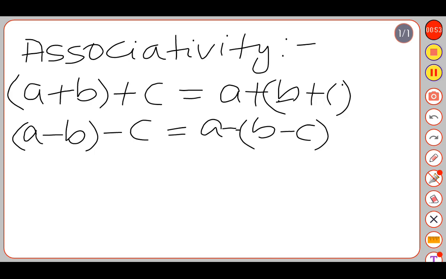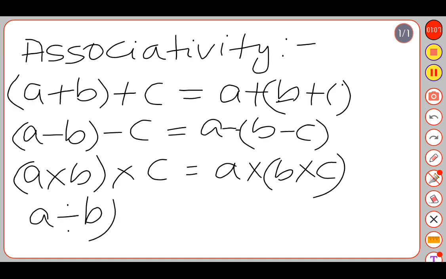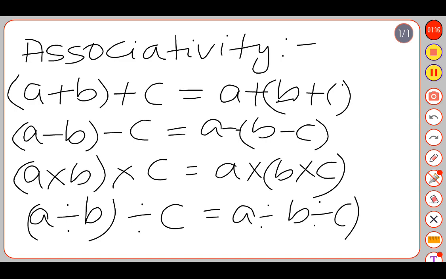For multiplication, (a × b) × c must equal a × (b × c). And for division, (a ÷ b) ÷ c must equal a ÷ (b ÷ c).